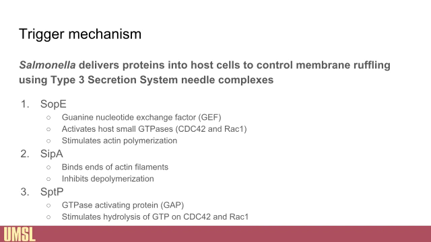So there's a period of time that you want to say, like, all right, host cell, go crazy, take me up, and then you want all of that to stop, right? And so there's competing things happening here, that you have effector proteins that stimulate actin polymerization, and you have ones that inhibit depolymerization. Sorry, and then you have other effector proteins that turn this on.